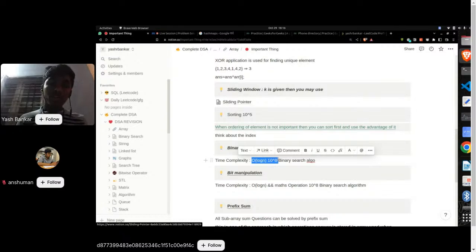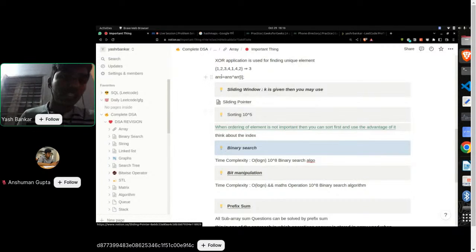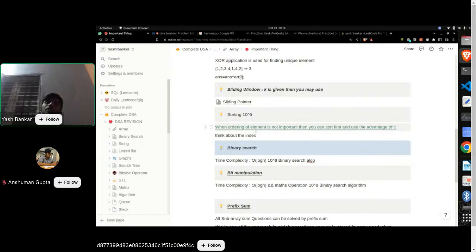So it can be a huge trick to guess the problem using this kind of time complexity, and you can directly think how to apply binary search on it. It is also one of the techniques.